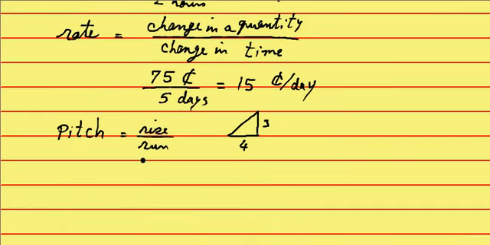Other kinds of phrases people use that are somewhat similar to this: you use the notion of a grade. Sometimes people who work for the highway department use the concept of grade. You might see signs on roads next to mountains advising people to use a low gear because the road has a high grade. What does a grade mean?